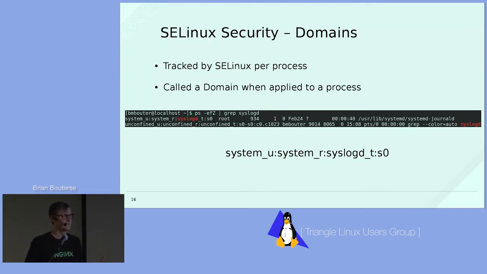They call it a domain because that's the word they use to describe processes. But when you look at the label, some people call it a process label, it kind of looks like a file context label.